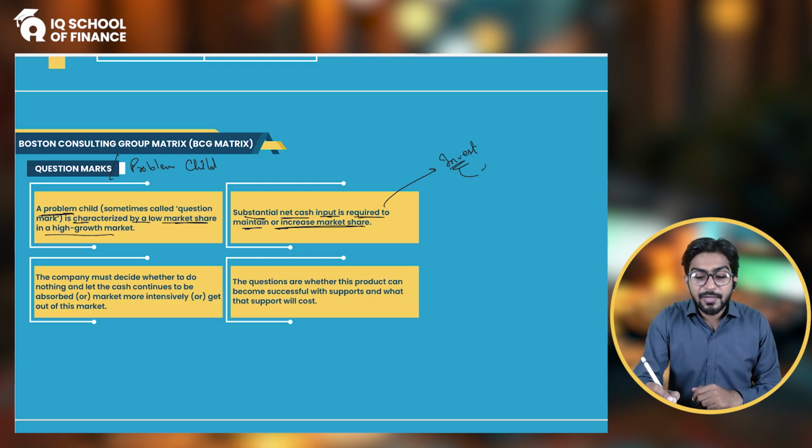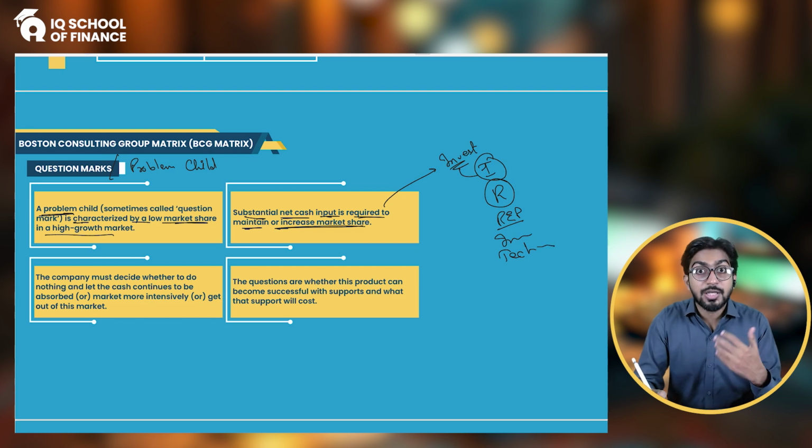Invest to first identify the problem, resolve the problem, do research and development of your product, do innovation, integrate new, advanced technology, and also do good marketing. So these all will take cost. You have to put cost into the question mark product so that you can make it successful.